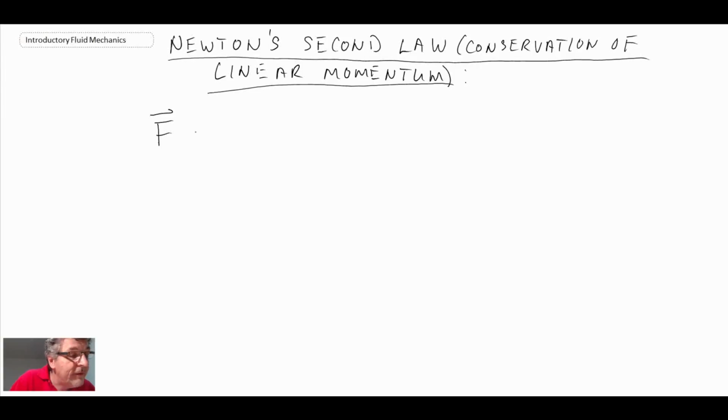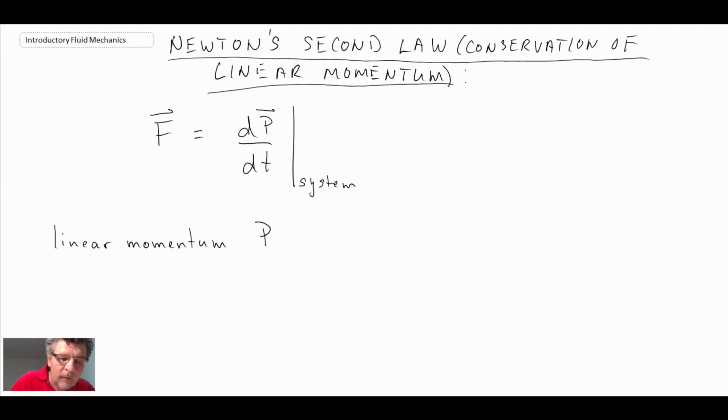So here we have a vector formulation, and it says that the forces are equal to the time rate of change of momentum within our system, where momentum is defined as P, and this is linear momentum. And then P, again, I'm going to write it out either as little chunks of mass, dm, or as dV.